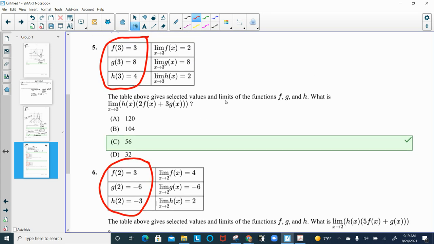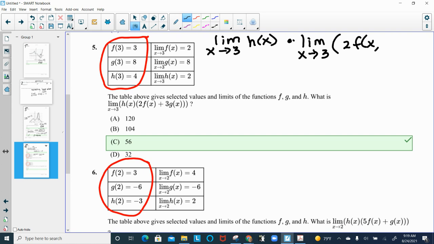If you look at the expression, it says the limit as x approaches 3 of all this junk. And you have an h of x times a quantity. So I'm going to write this out, especially this one, just because it's the first one we're doing. So there's my h of x. And there's my quantity.